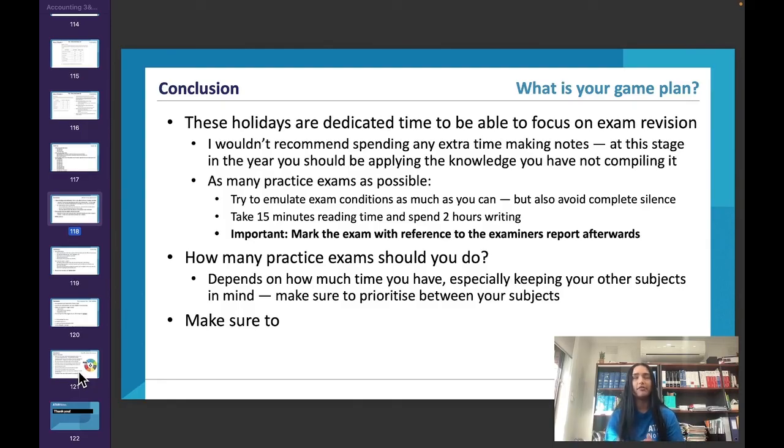Say for example, if a lot of students are forgetting to include depreciation in the income statement, you can learn from that and make sure in your exam that you do that first when you're doing an income statement. Just little things like that. There's so many hidden gems and tips given in the examination reports for all subjects, not just accounting, but especially accounting is really important.